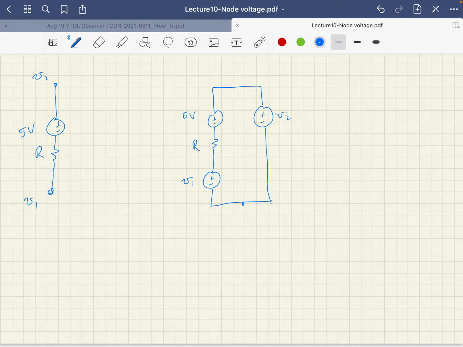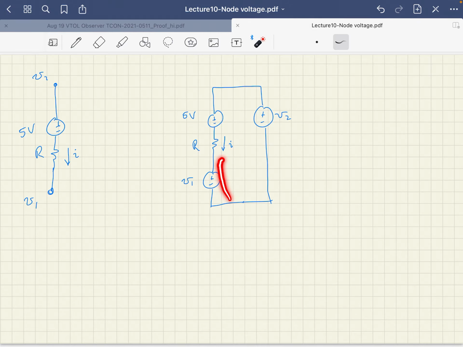Put those together, and in that particular case, we don't have to call one of these things 0. So again, we ask the question, what is I? That's I here. And if we go around the loop for Kirchhoff's voltage law, we're going to go minus V1.